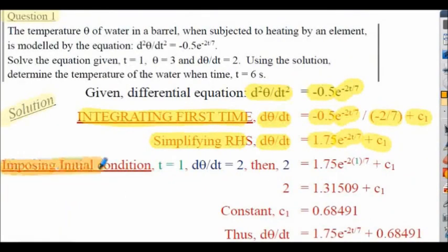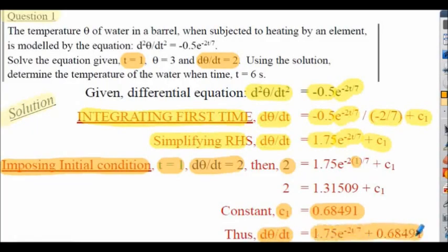If we now impose the initial condition given in the question, when t is equal to 1, d theta by dt is equal to 2. We have 2 on the left hand side here, and 1 for the t value on the right hand side. We can evaluate constant c1 as 0.68491. So that now gives us d theta by dt, shown in this format here.